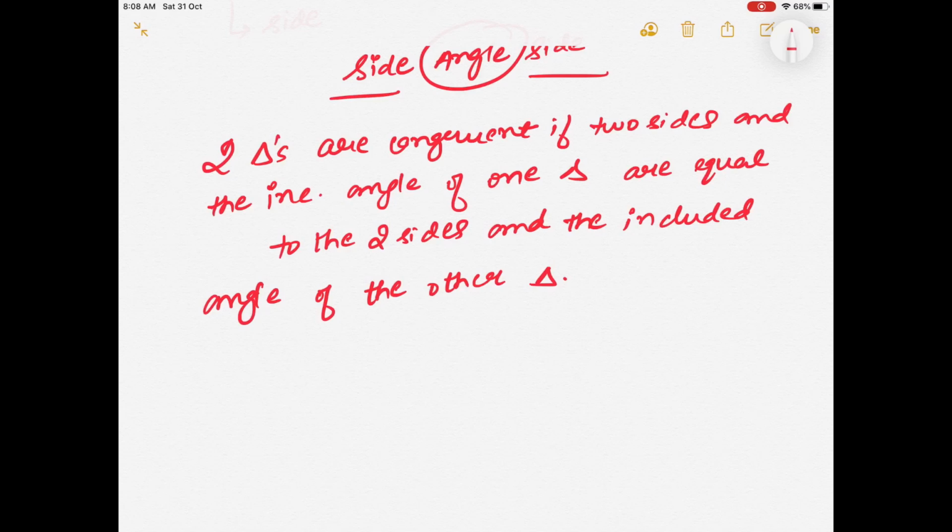So this is the basic meaning of this first rule, side, angle, side.